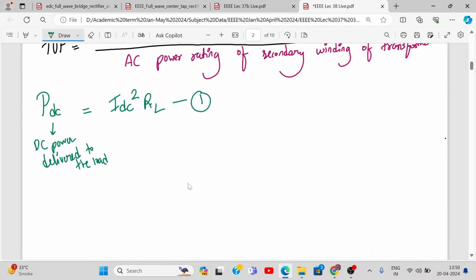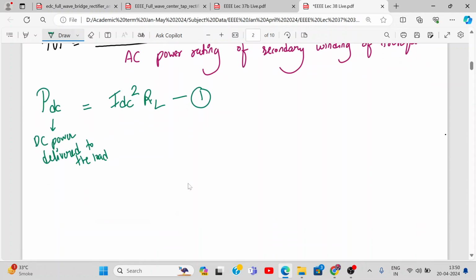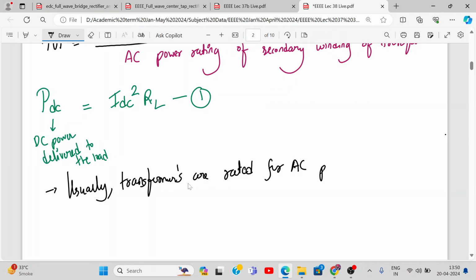Okay, written. Now, usually, write down next. Usually, the transformers are rated for AC power. What do you mean by it?